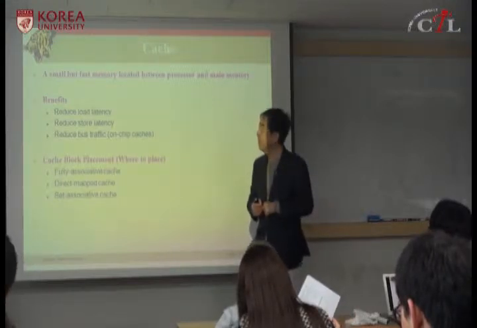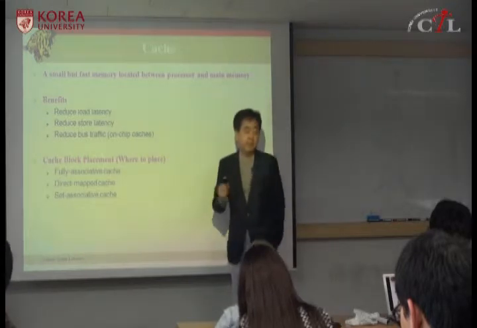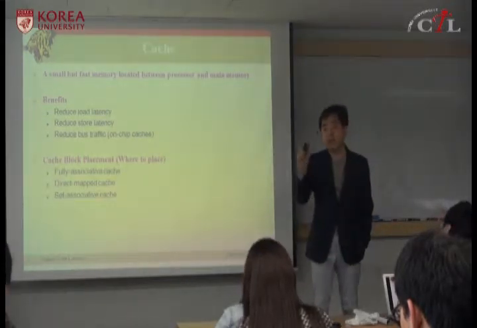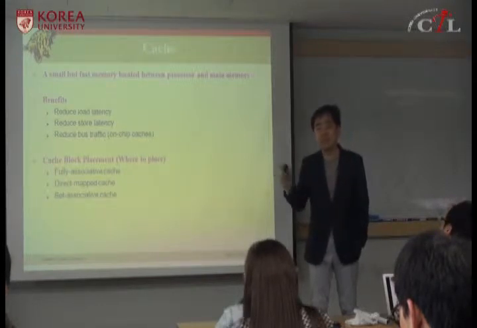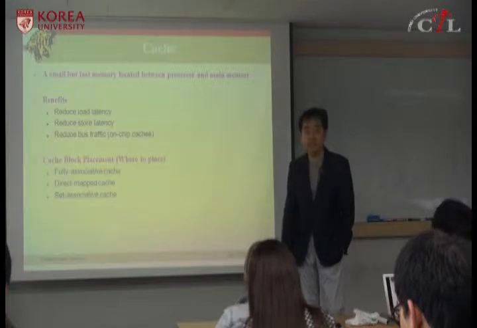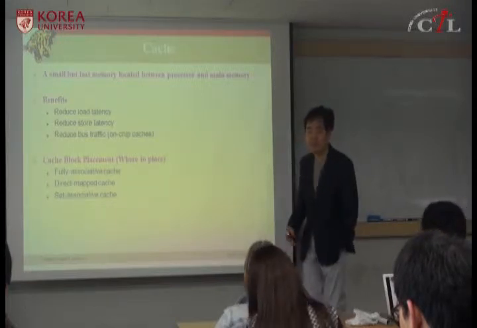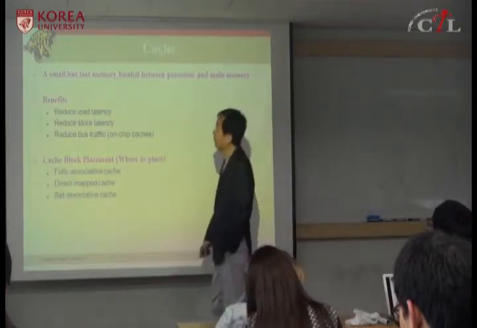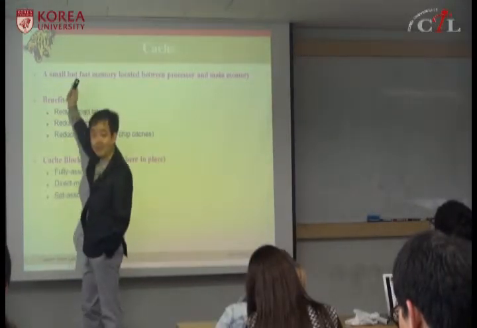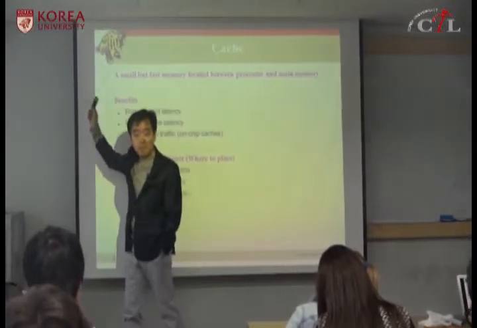So for DRAM, one bit requires one transistor. For SRAM, one bit requires at least 6, 8 or more transistors. It's big because it's fast. So it's fast because it's small, and it's fast because it's made of SRAM cells.